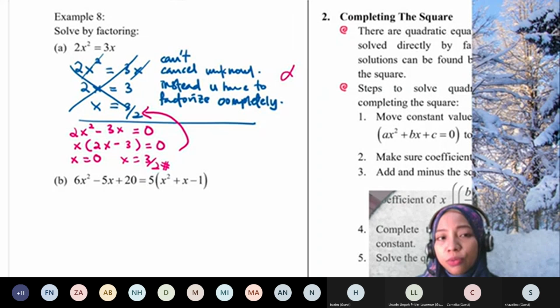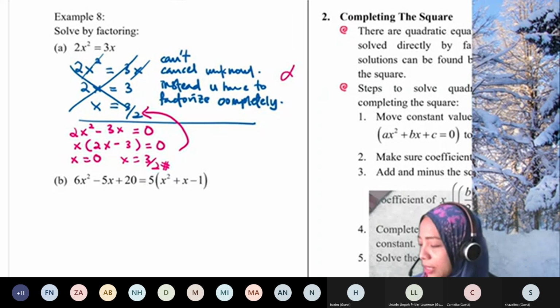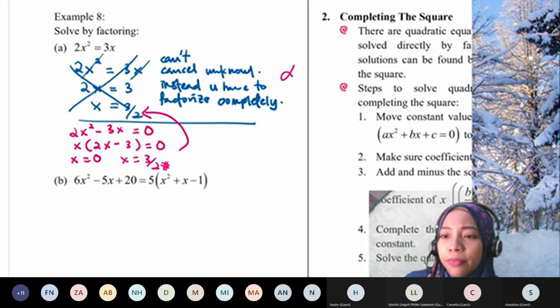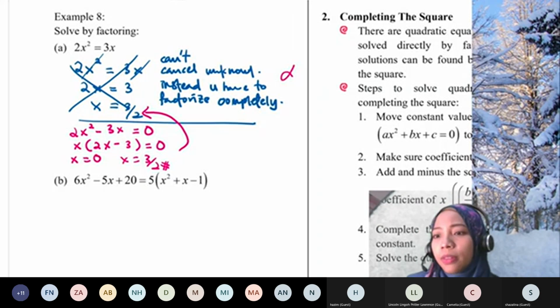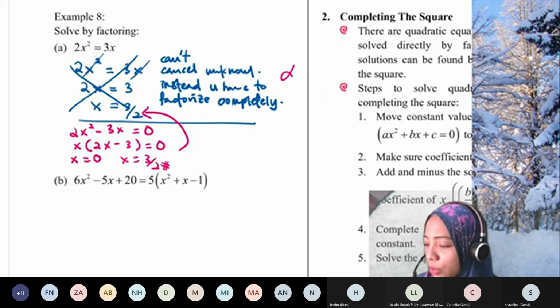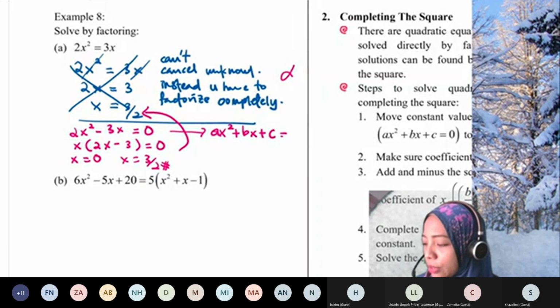But then now, what you have to do is bring everything in terms of ax square plus bx plus c. You mesti tulis dalam bentuk ax square plus bx plus c equals to 0. Then only you factor.